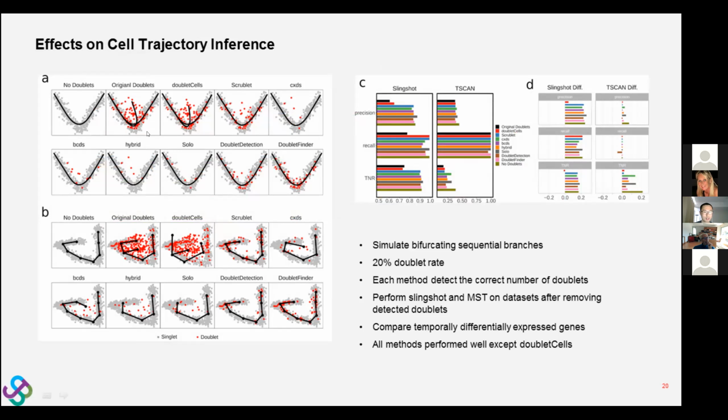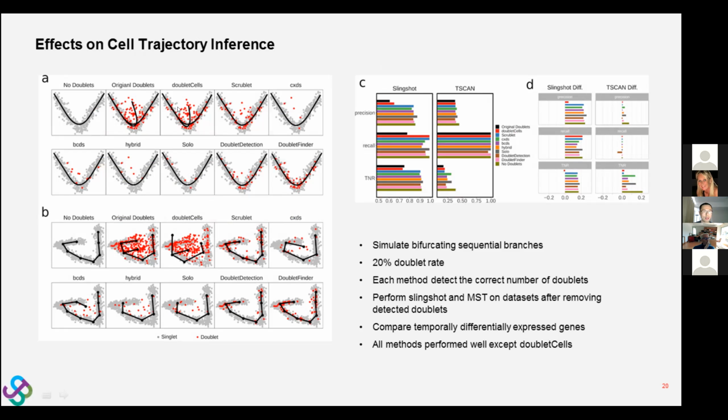The red doublets bias the trajectory inference, right? So you see here we have a superior branch in the middle, and most of the methods can remove this superior branch by removing all those red points, even though the degree of removal is different. Also, most methods can remove the superior branch in this sequential case.